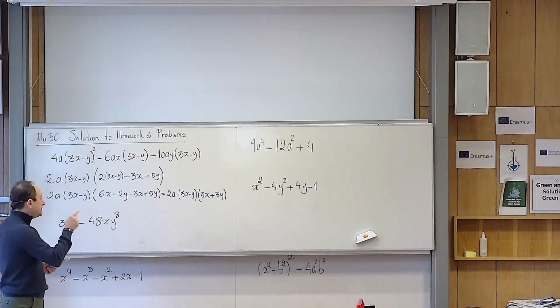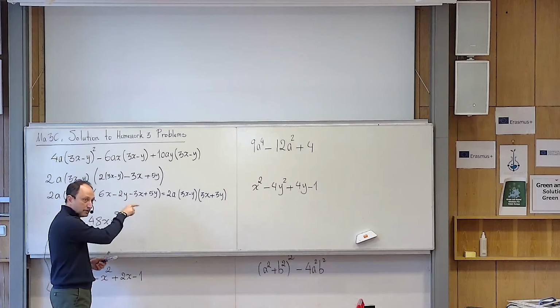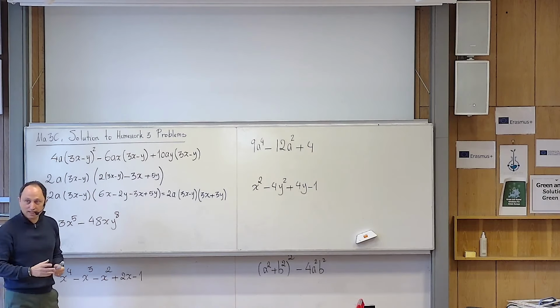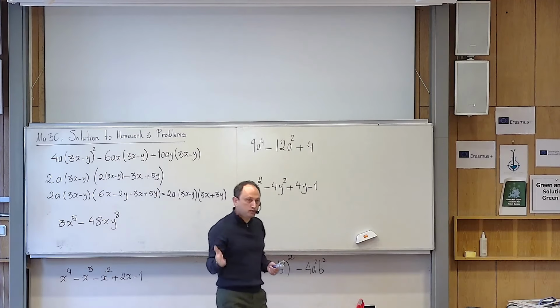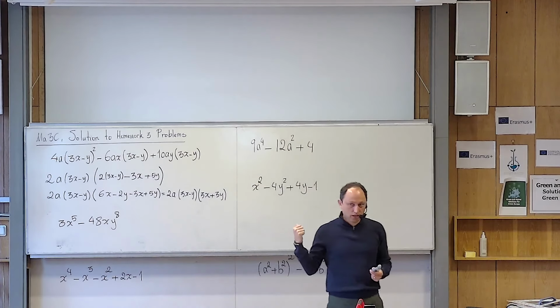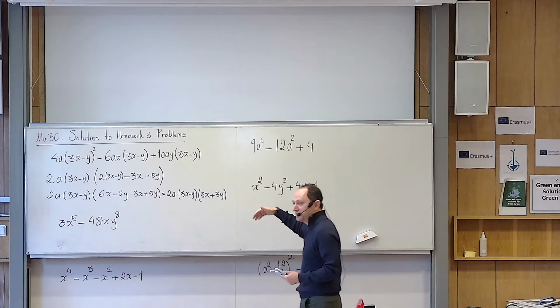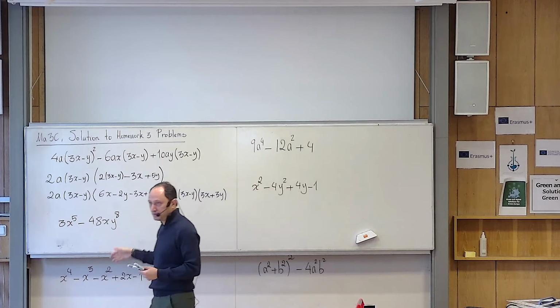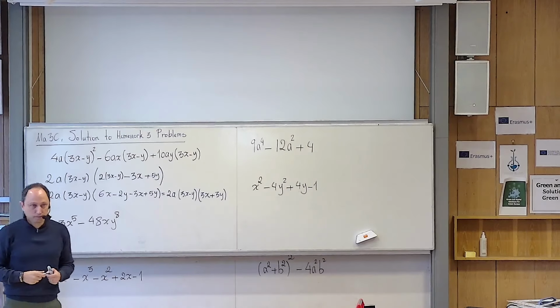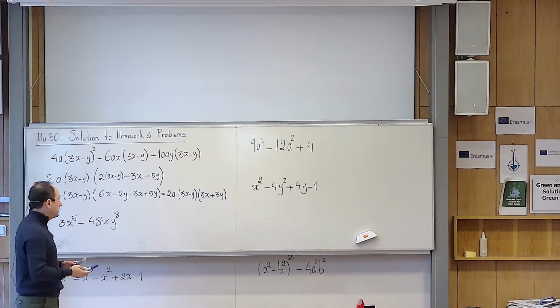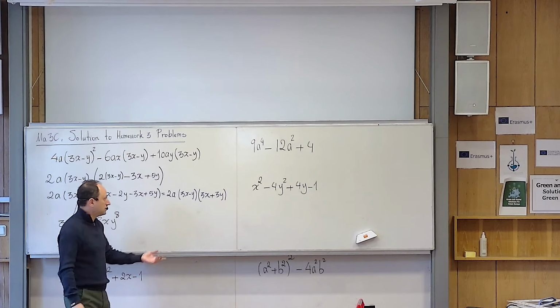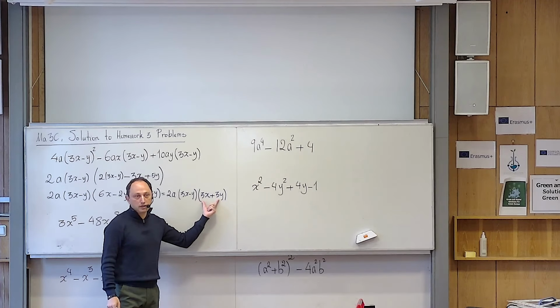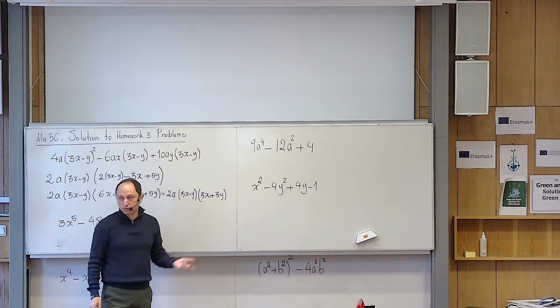It was not easy to see this is going to happen, but it happens coincidentally here, that again you get a common factor, which was not easy to foresee before reaching this stage. Even I couldn't. Of course, I designed that intentionally, this to happen, so that you become observant about what is going to happen. So, if you stop here, then this is not complete yet, because coincidentally, I can pull a 3 out here. And you have to do that.